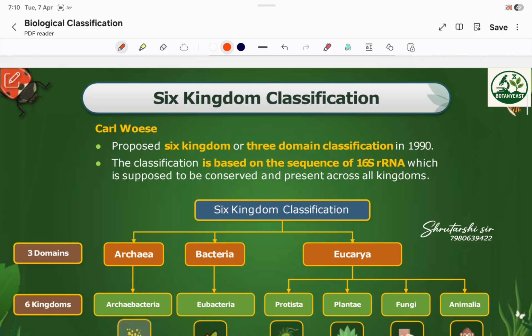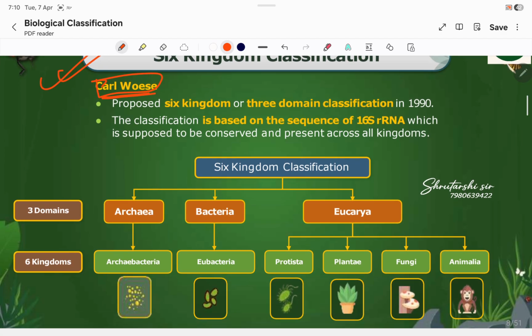Again, next came the six kingdom classification system given by Carl Woese. Here he said that there were three domains and the classification was based on 16S rRNA.